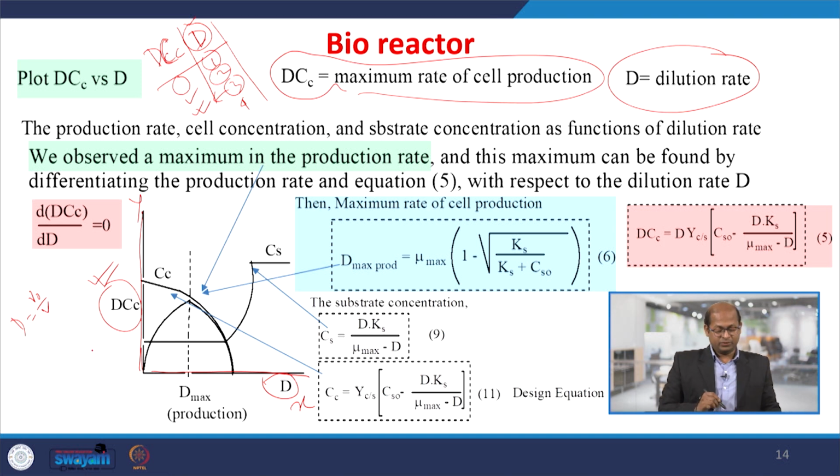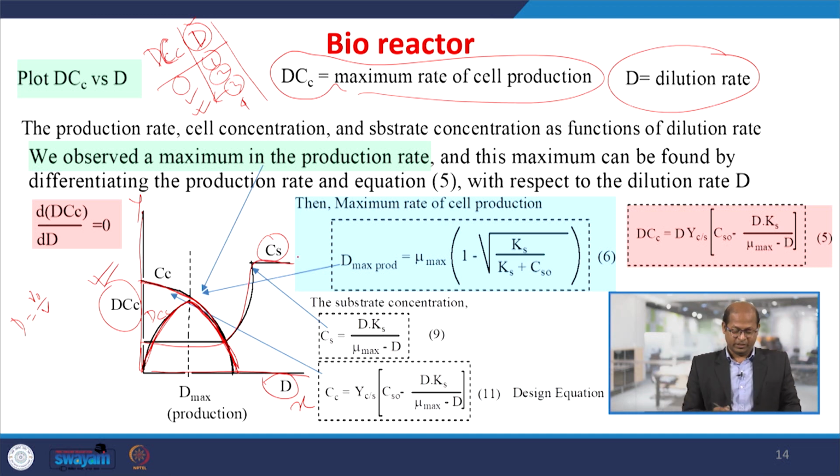Once we plot the data, we can find that the cell concentration would vary like this, the production rate dCc would come like this, and the substrate concentration inside the reactor would be like this. If we see dCc against d, it goes to a maximum and then gradually decreases.